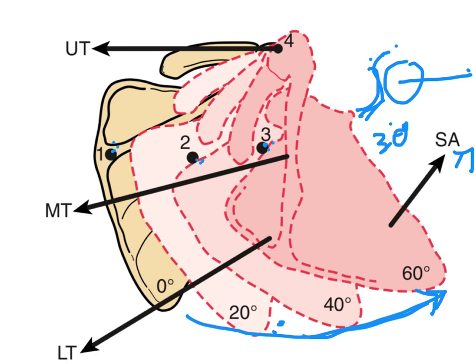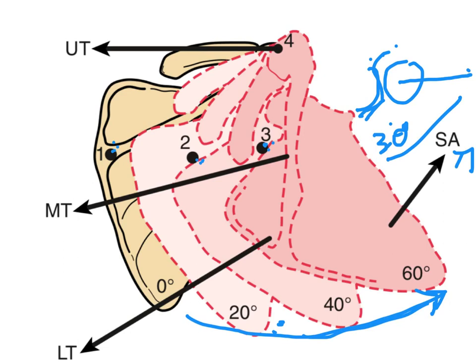Okay, and this causes 90 degrees of abduction in total. Out of 180 degrees of maximum range of elevation, this 90 degrees is taken up by this sternoclavicular elevation.